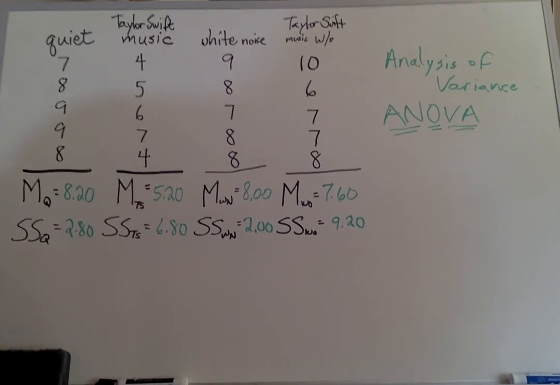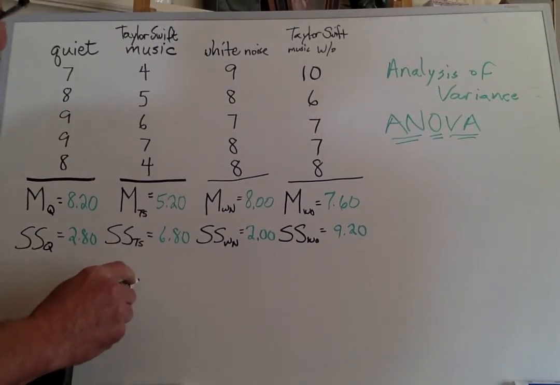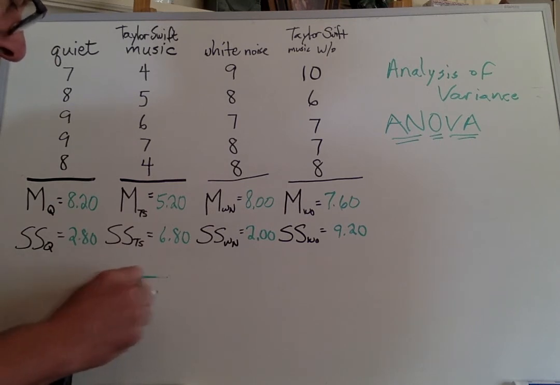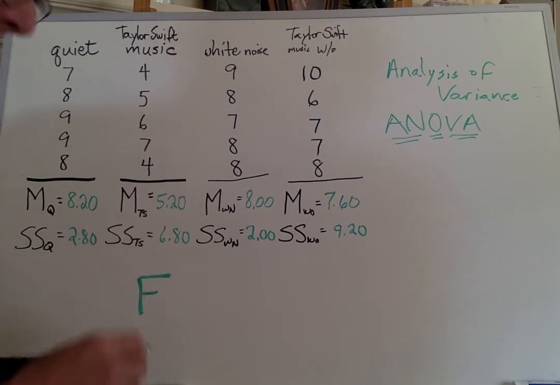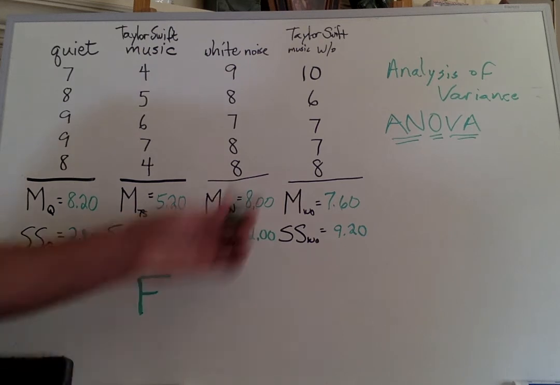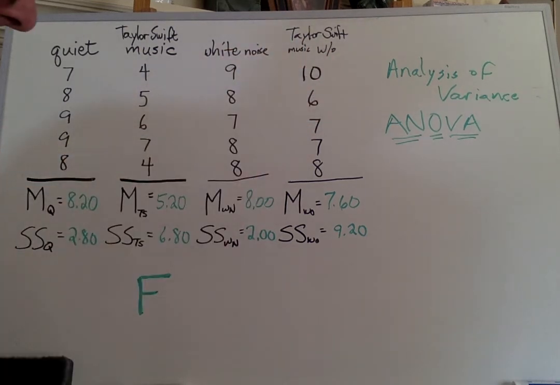We're going to calculate an F value. That's the letter we have for analysis of variance. We have z-scores, t-values, and p for probabilities, but this is going to be an F value. Sometimes people call this an F test, but I would rather have you call it analysis of variance.